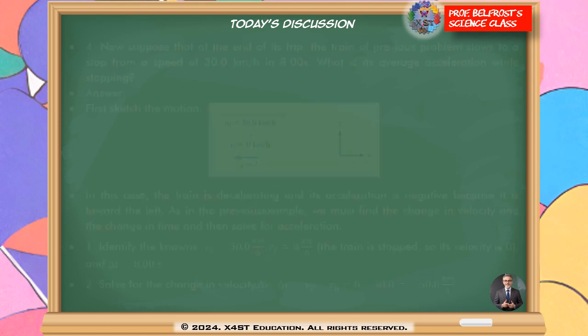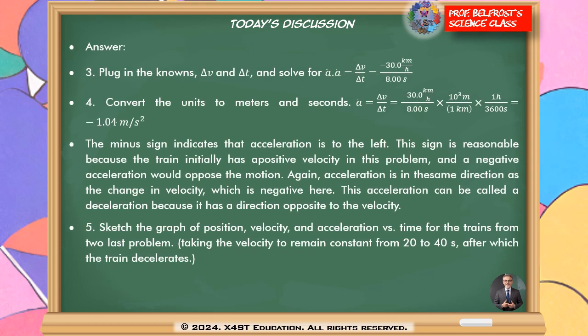Then plug into the equation, solve for it, and do some unit conversion, and we obtain minus 1.04 meters per second squared. The minus sign indicates that this is an acceleration to the left, which is opposite to the direction of the motion. Okay, done with number four.